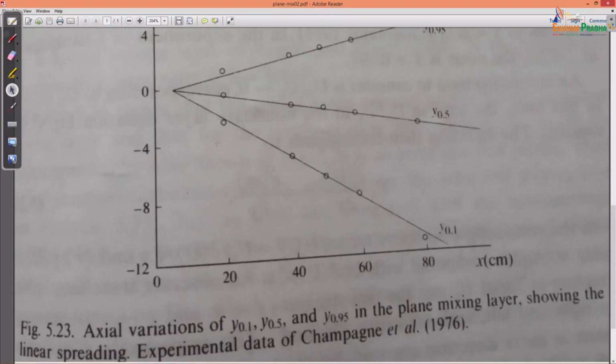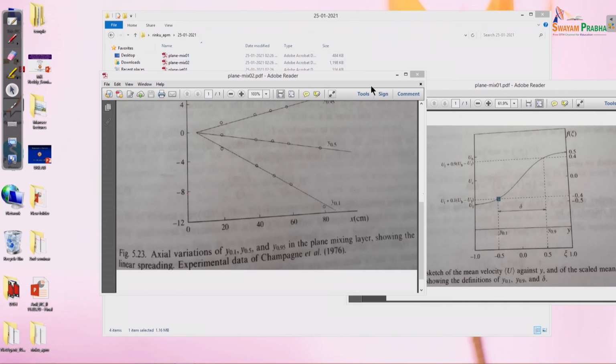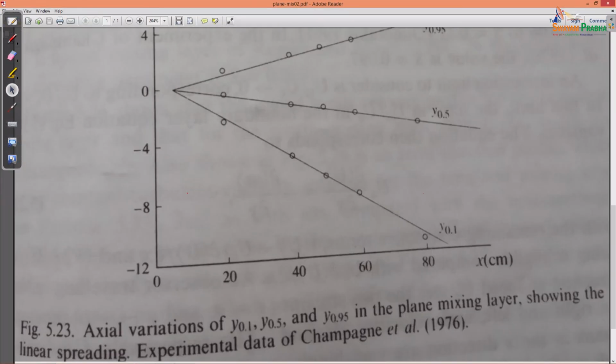Now if you see here, this is the actual variation of y. Y is the distance in the direction, and we have been calculating it. How will this length y change as we move along x? That is what we are trying to understand here. It so happens that the plane jet will spread.